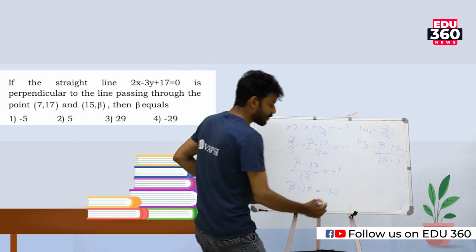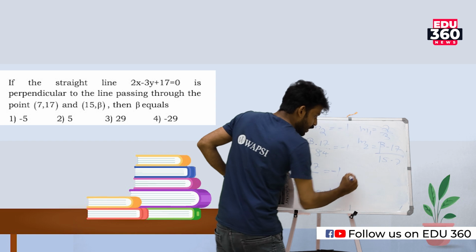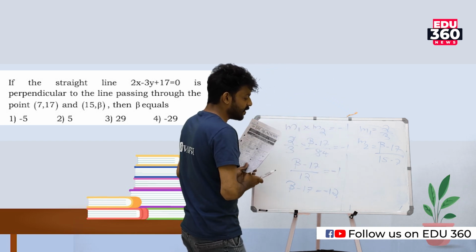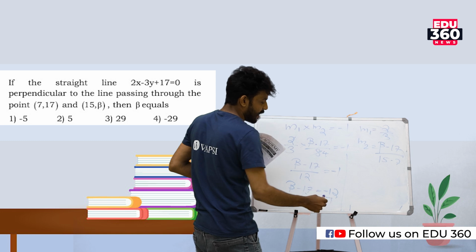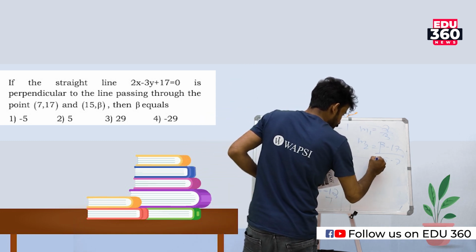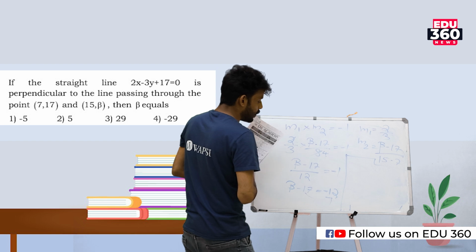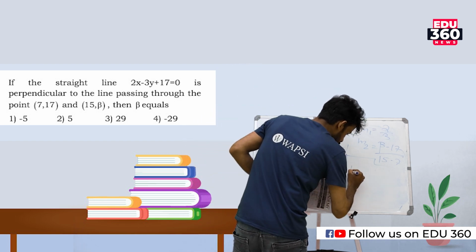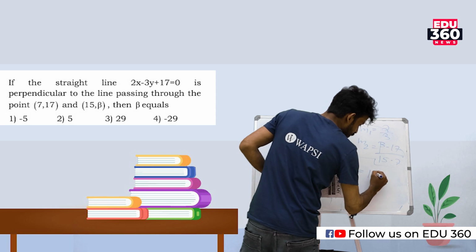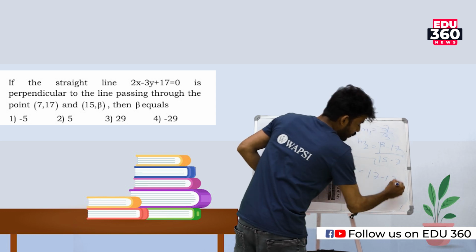In the question they are asking us to find the value of beta. In the next step, just move this to the right hand side, so beta is equal to 17 minus 12.